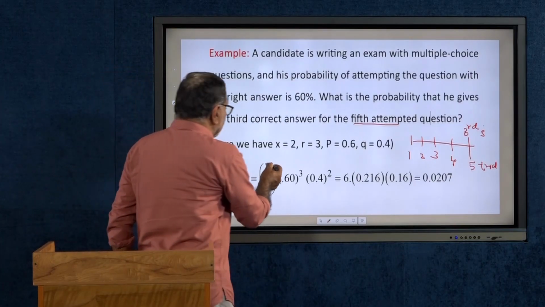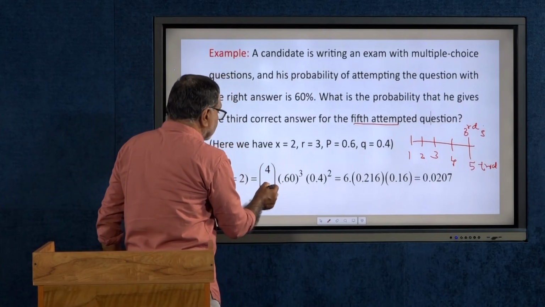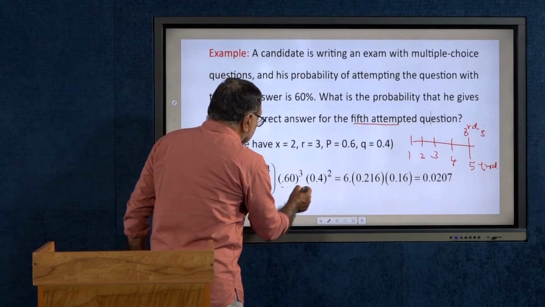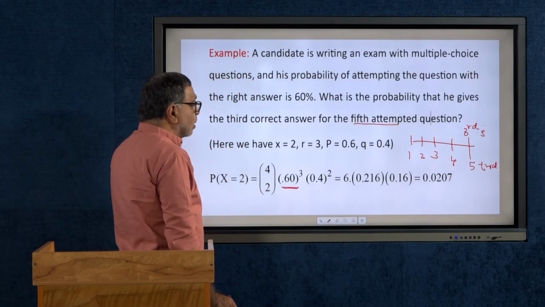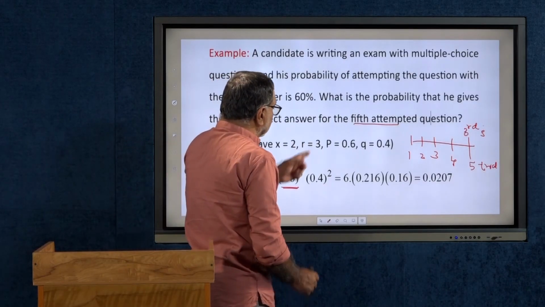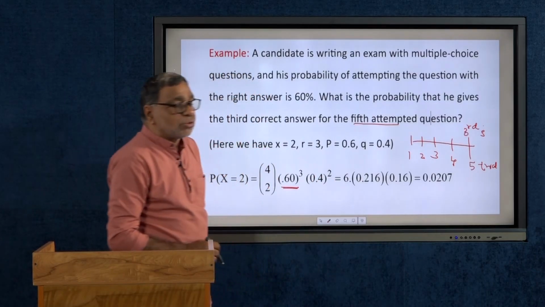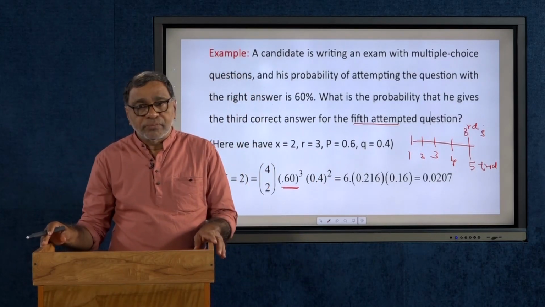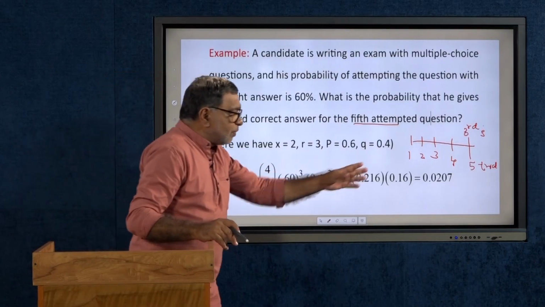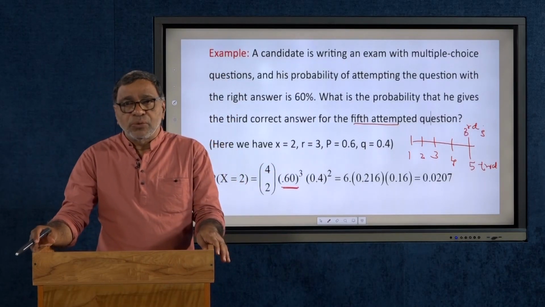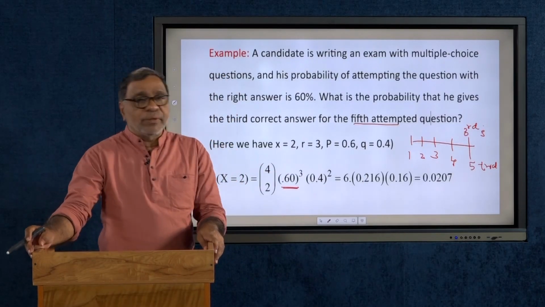So we have X plus R minus 1, that is 4 C 2, and P power R, where R is equal to 3, so 0.60 power 3, and Q is 0.40 power 2. Simplifying, we have 0.0207.